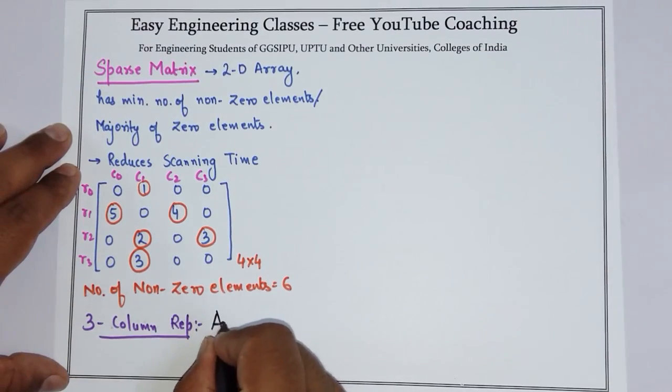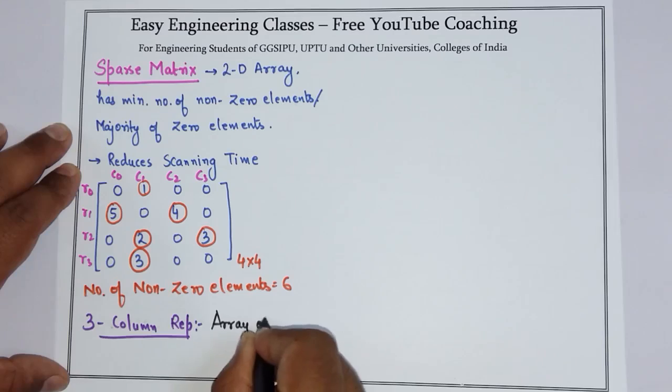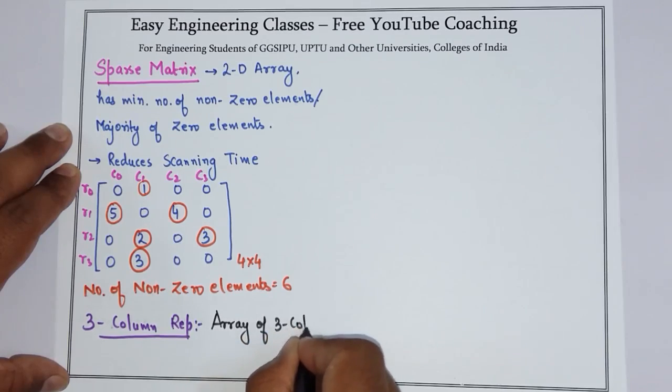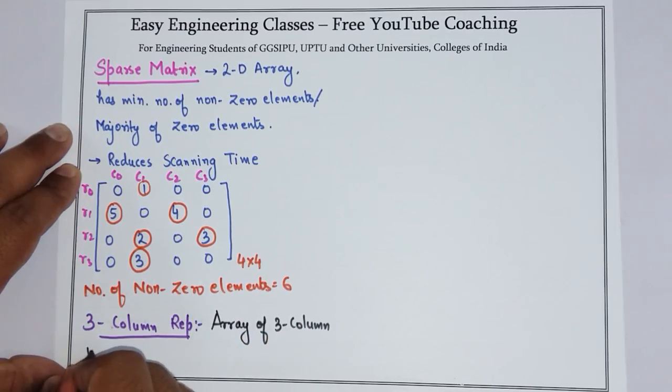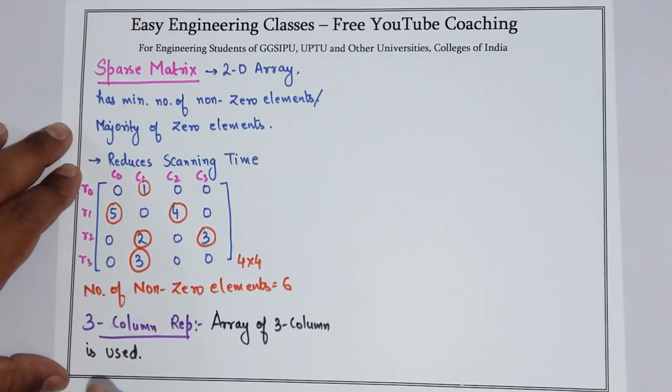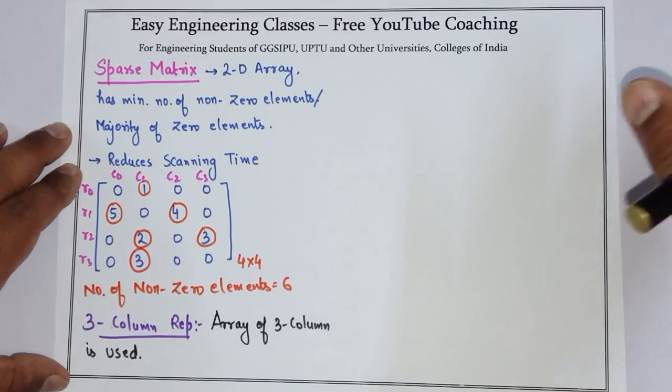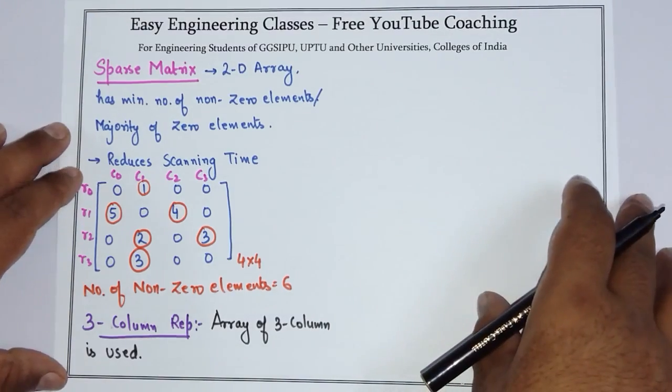In this array of 3 columns is used, where the first row contains header row. That is the total number of rows, total number of columns and total number of non-zero elements.